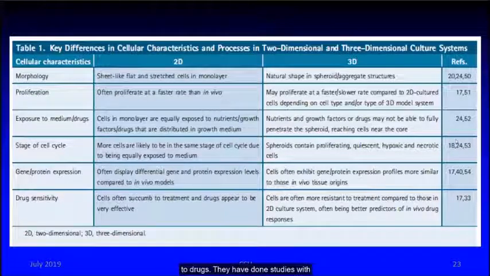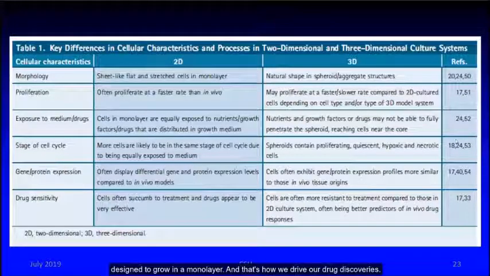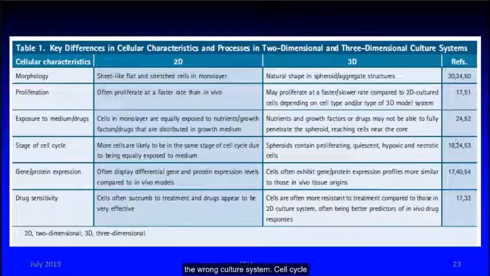They have done studies with platinum compounds in cancer cells in 3D cultures. The cells don't respond very well to the platinum compound. You put them in 2D cultures, you kill them. Right? So all our drug discovery, the pharmaceutical industry, are cell lines grown in a monolayer. And that's how we drive our drug discovery. So you start to wonder, have we missed a bunch of things because we used the wrong culture system?